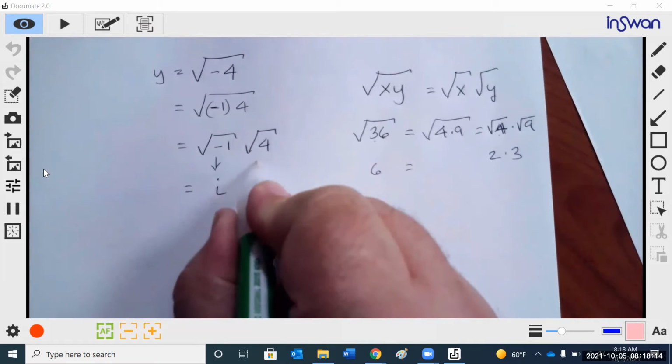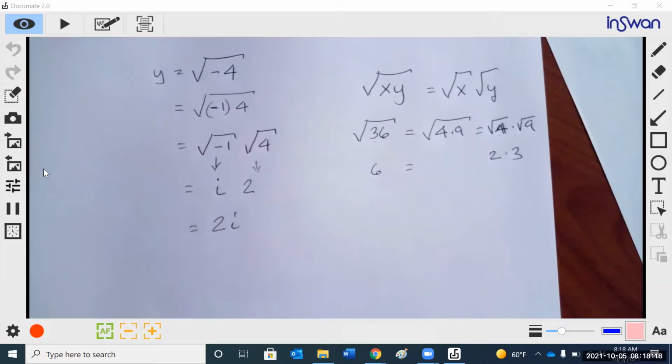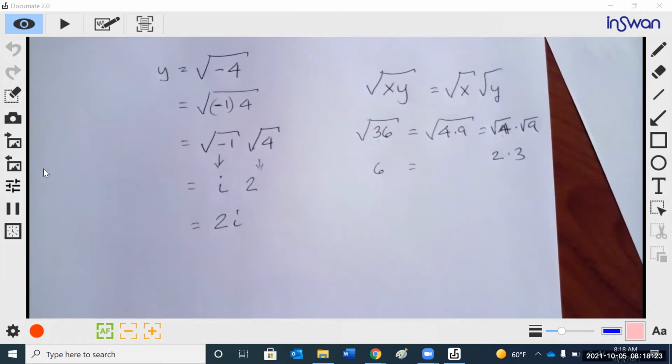The square root of 4 is 2. So the answer is 2i. Makes sense so far? Because we're building up to it. Okay, so that's defining imaginary numbers.